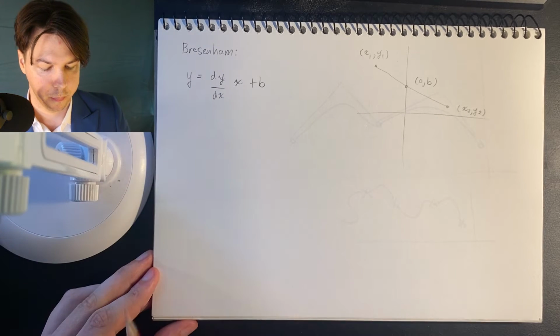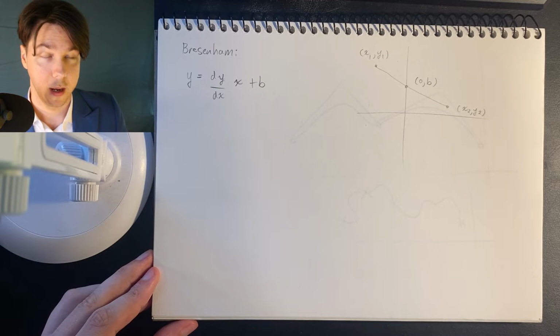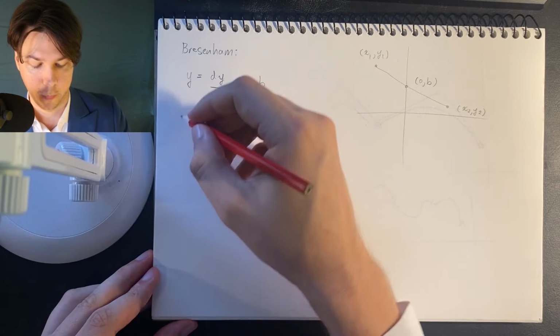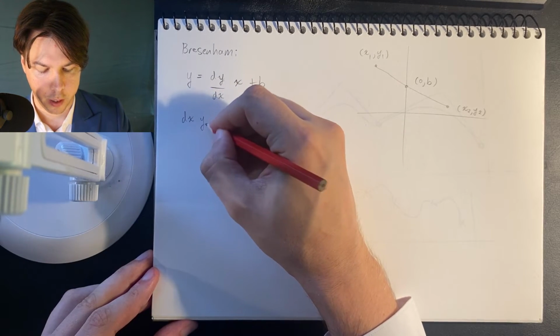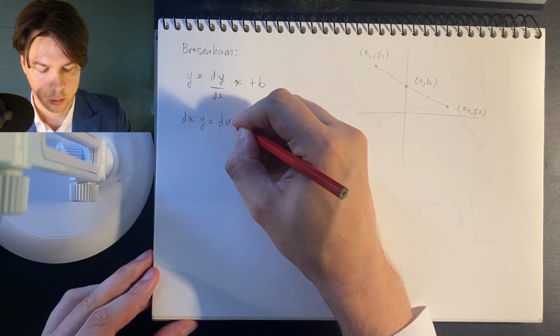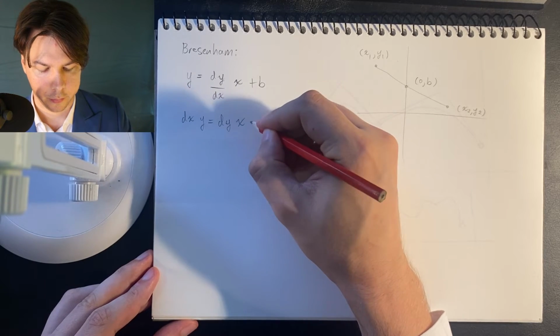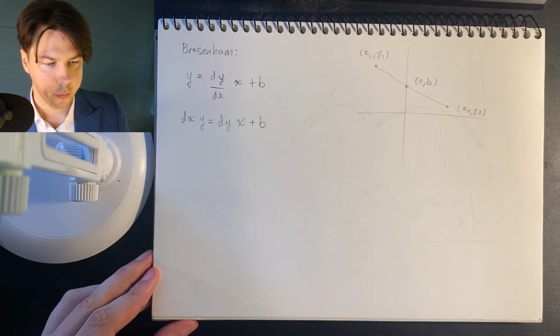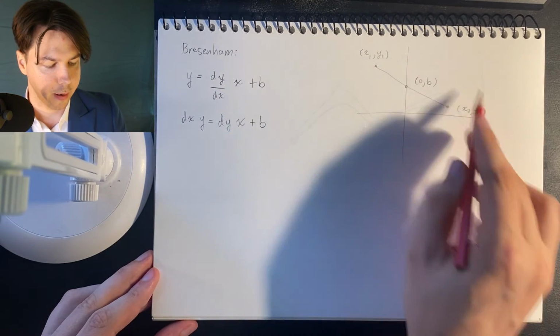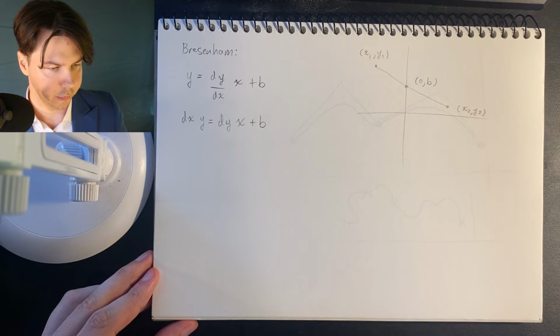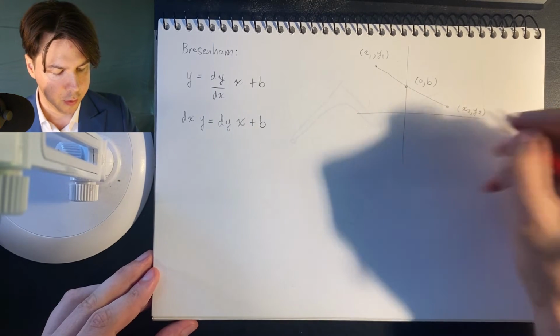Okay, and we're going to work with this. We'll use this to form an error function, an objective function, which we want to find the root of. So multiply everything by dx. We have dx y equals dy x plus b. Then the question is, what's b equal to? Well, if we pop over to our diagram here, we can see that b is the intercept, and it's on the slope.